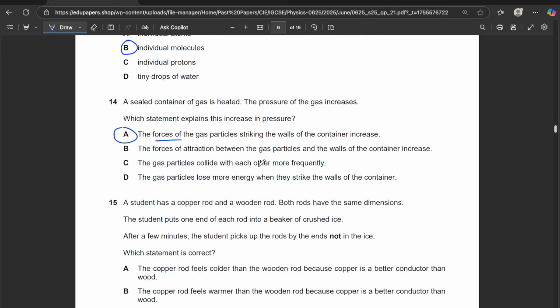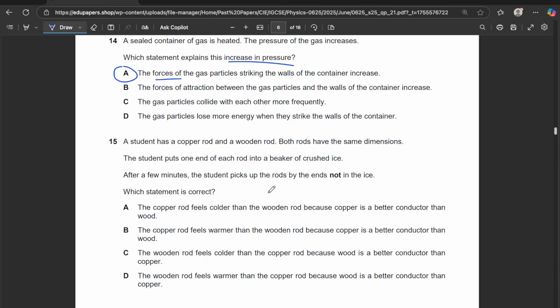Now if they only collide with each other, then there will be no pressure. It's not about colliding with each other. This is about colliding with the walls of the container to exert pressure. D, the gas particles lose more energy when they strike the walls of the container. This also isn't relevant to increase in pressure.